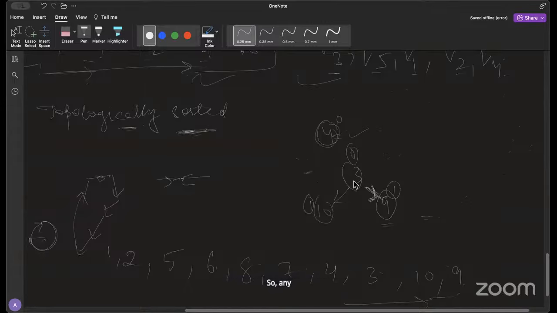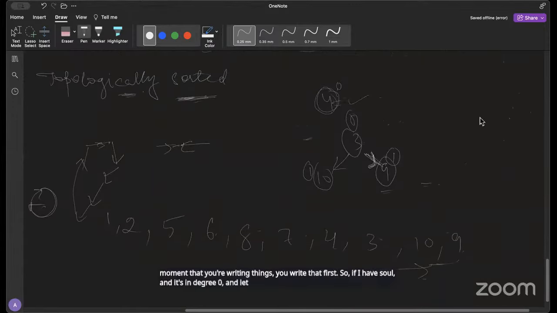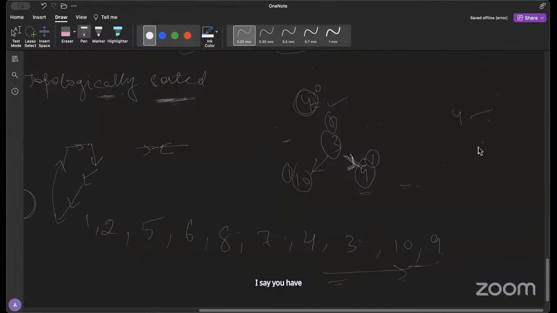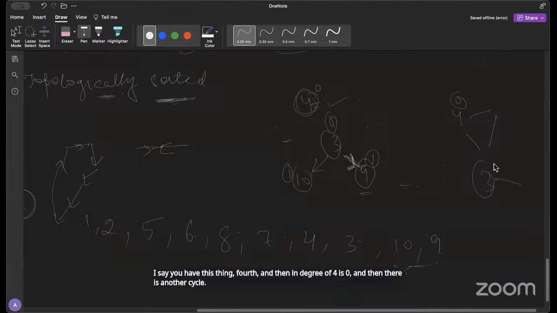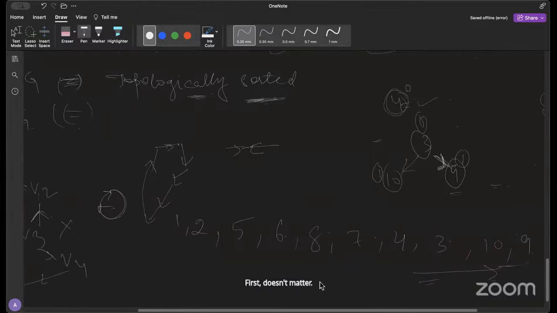Any vertex that has in-degree 0 at the moment that you're writing things, you write that first. So if the in-degree of 4 is 0, and there is another part where the in-degree of 3 is 0, then you can start with 3 or 4, anything. Anything that has in-degree 0, you can write first. Doesn't matter.